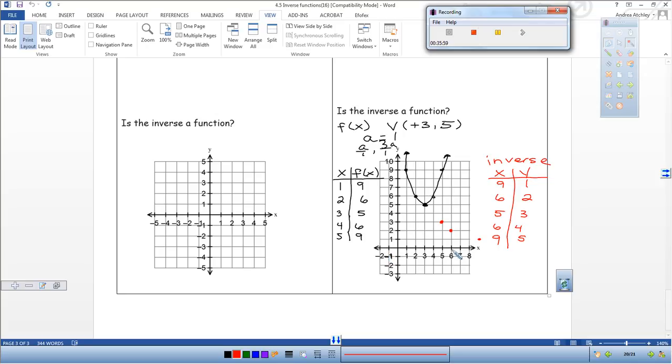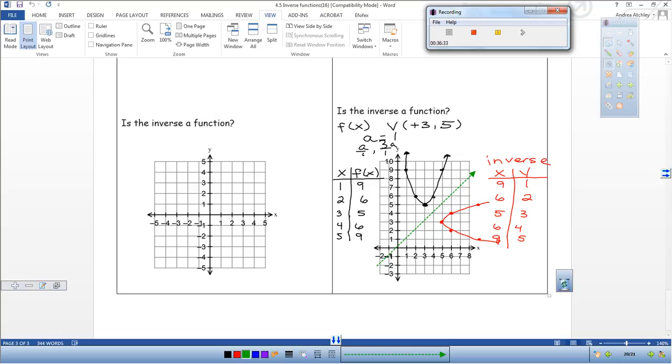When x is 6 again, y is 4. And when x is 9 again, y is 5. So this is my parabola. And again, it's going to reflect across the y equals x line. So they're the same graph as I folded it over.